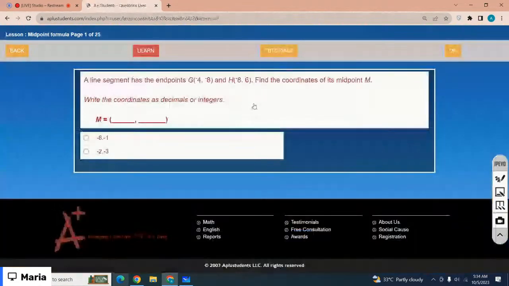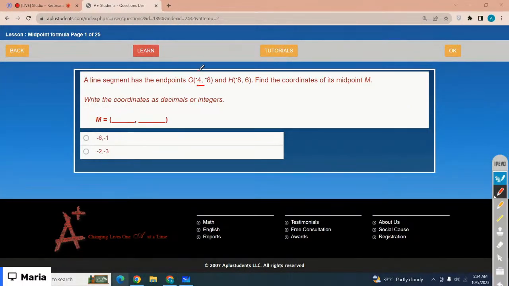Okay, a line segment has endpoints (-4, -8) and (-8, 6). Find the coordinates of the midpoint, right? So this is x1, y1 and this is x2, y2. You need to add their x components, -4 plus -8 over 2, and then the y components, -8 plus 6 over 2.